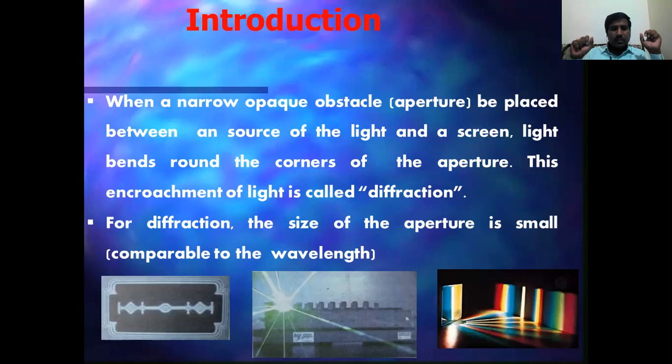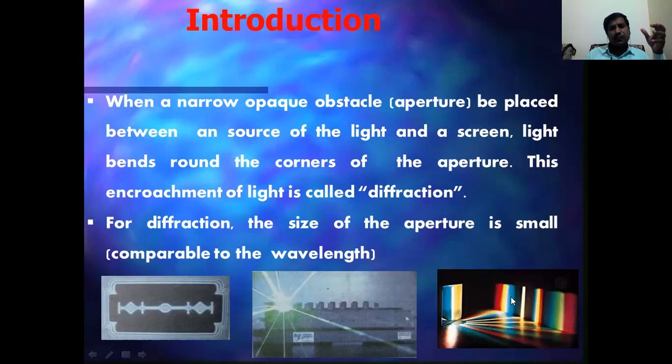Because of the edge on top of the building, the light is bent. Similarly, the blade has a lot of edges, so around the blade you can see fringes: dark, bright, dark, bright. Here you can also see different colors.